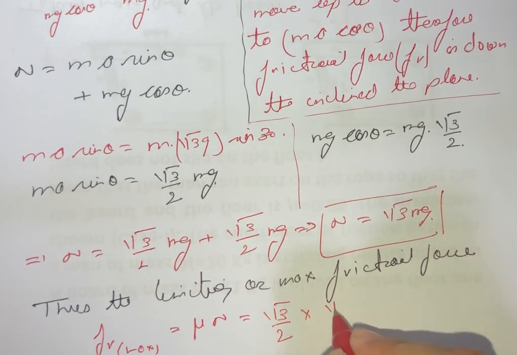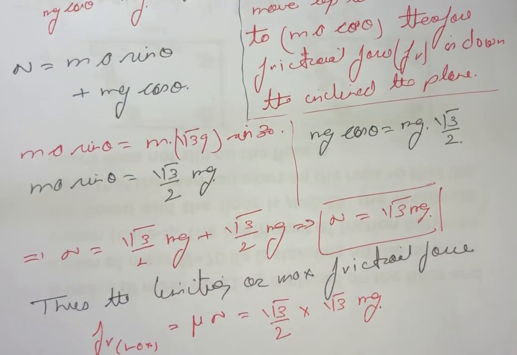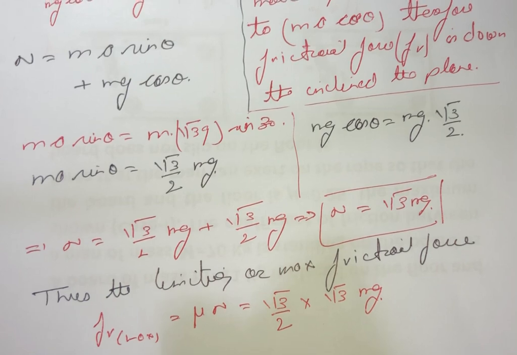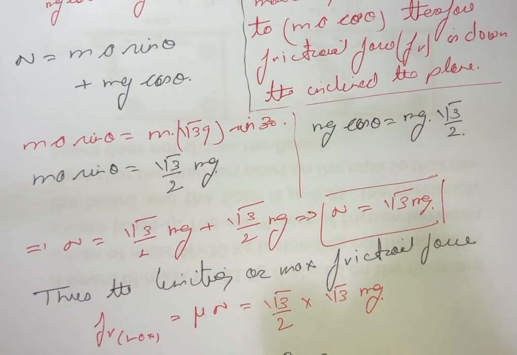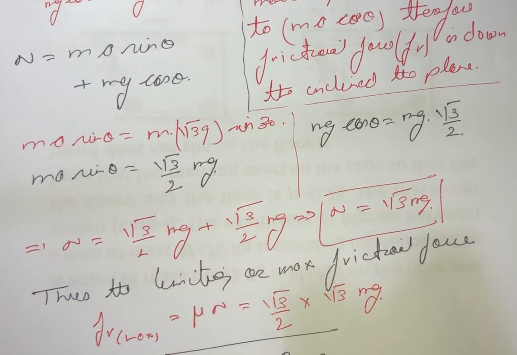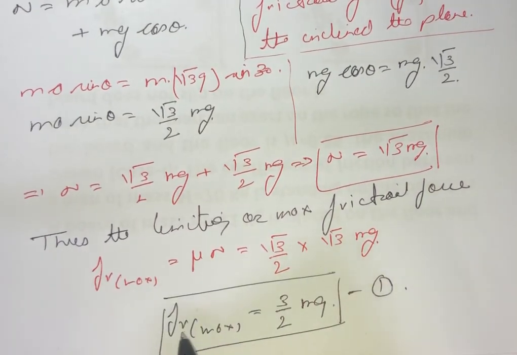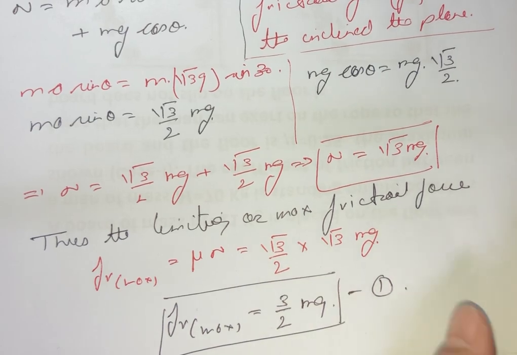Normal we get as root 3 multiplied by mg. So our Fr max is equal to 3 by 2 mg. Let us call this equation number 1. So we get Fr max, that is the limiting or maximum value of frictional force, as 3 by 2 mg.